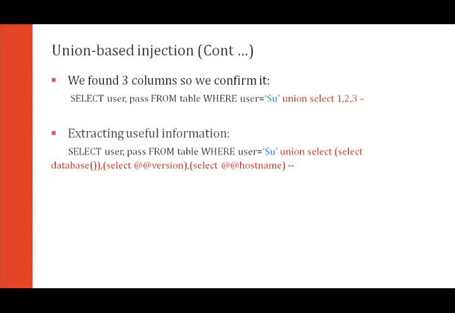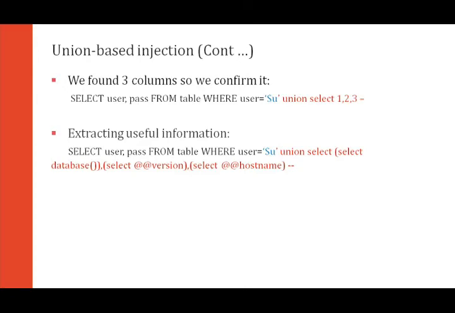Here MySQL is the one that we are targeting right now, and you can see that on the right side there are 3 fields. Keep in mind, we have only 3 columns. We cannot do more. If we try to put another column on the right side, we will get an error message saying it's not the same number of columns on the left and right side.